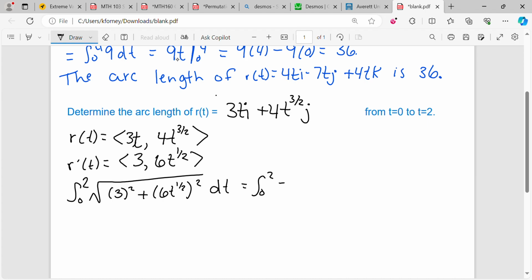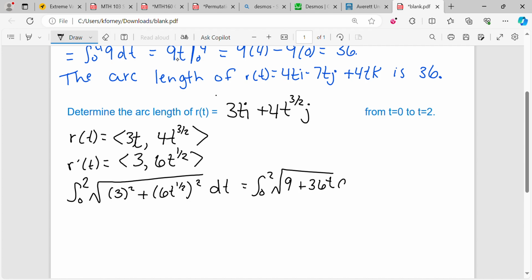So now we know that it, not equals, getting a little bit ahead of myself. So we have 9 plus, so 6 squared is 36. And remember, with the power rule, the 1/2 raised to the second power is just 1.